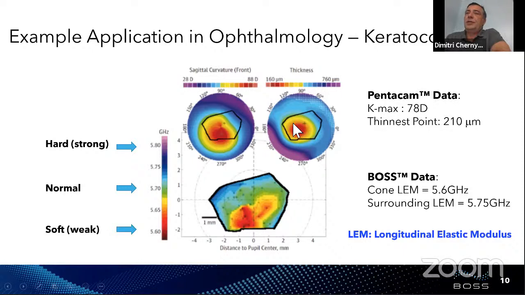So you can see that the area of local thinning, or the area that's the thinnest as shown in the Pentacam, is actually the area that shows fairly substantial focal weakening in the color maps that are very similar to what you would see in topographic or tomographic maps.